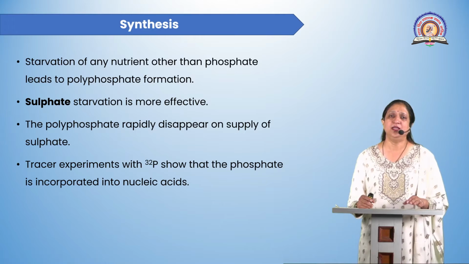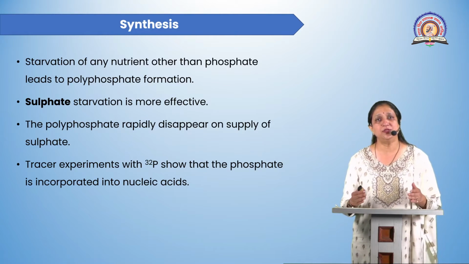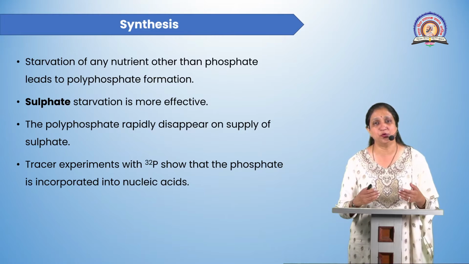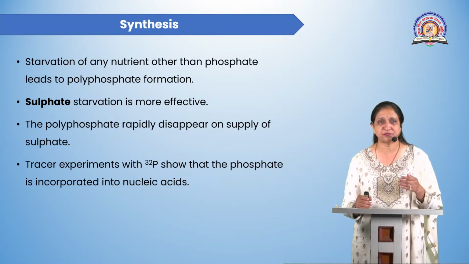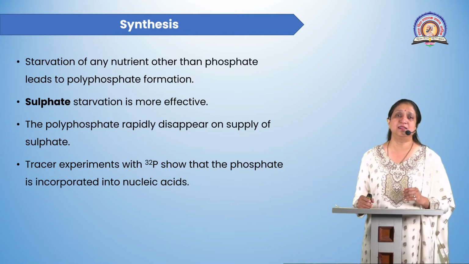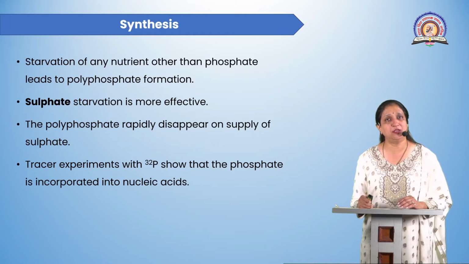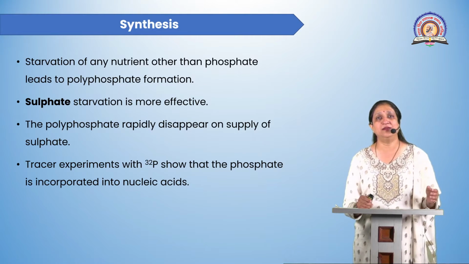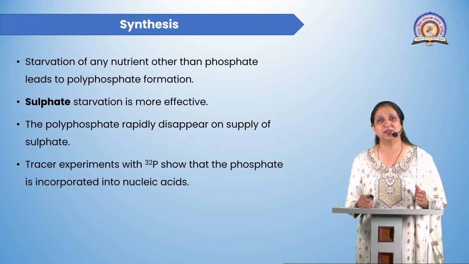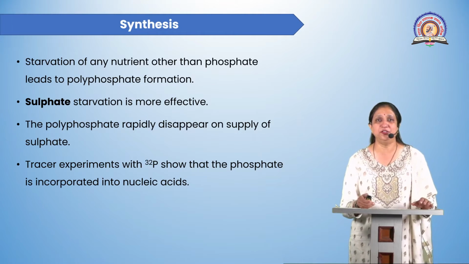And therefore, if there is any impedance to the synthesis of the proteins or the synthesis of the nucleic acids, the bacterial cell starts producing these metachromatic granules, which can be incorporated into the nucleic acid whenever there is the supply of sulfate in the medium or any nutrient which was deficient in the medium.